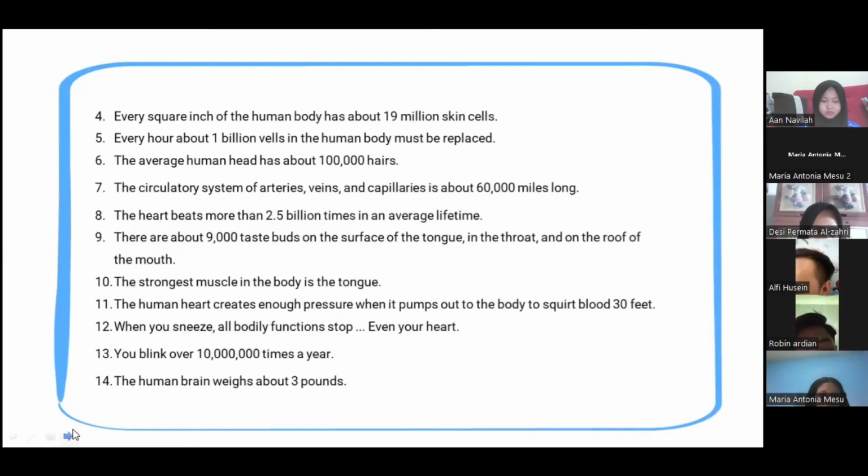Every square inch of the human body has about a million skin cells.